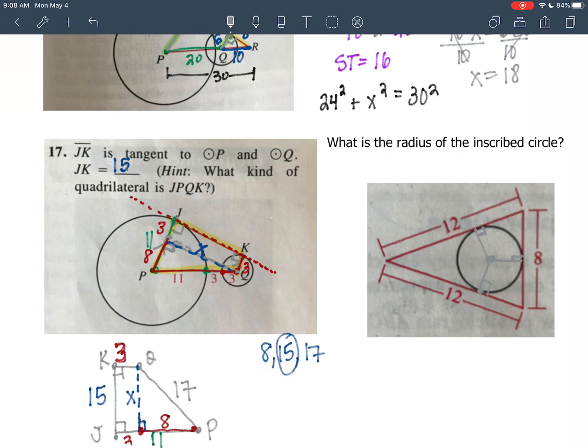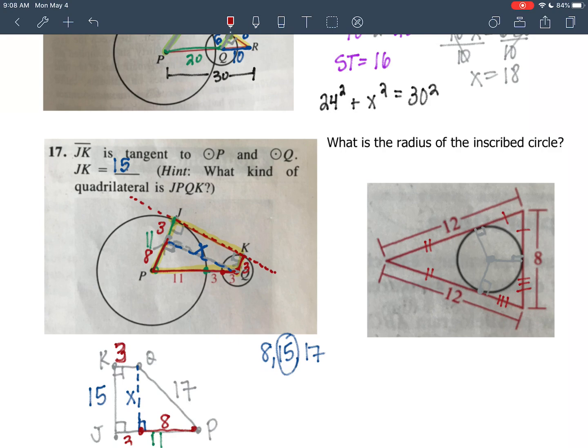Well, what do we have here? We've got a kite. I can see that. So I've got congruent, congruent, right? And then I've got congruent, congruent, and then 1, 2, 3, 1, 2, 3. And then I've got all the radii that are the same too.